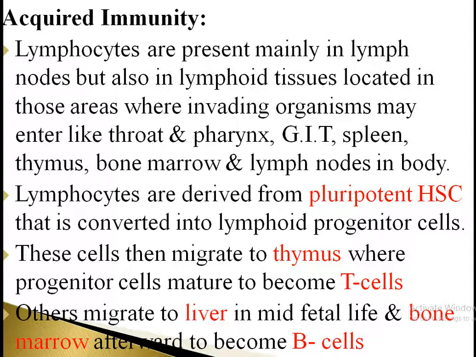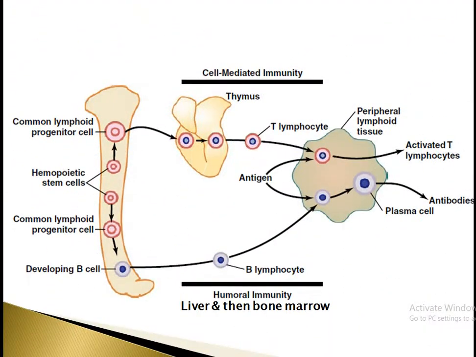They are mainly derived from the pluripotent hematopoietic stem cell, and from these cells you can see here, two specific types of lymphocytes grow, B cell and T cell.